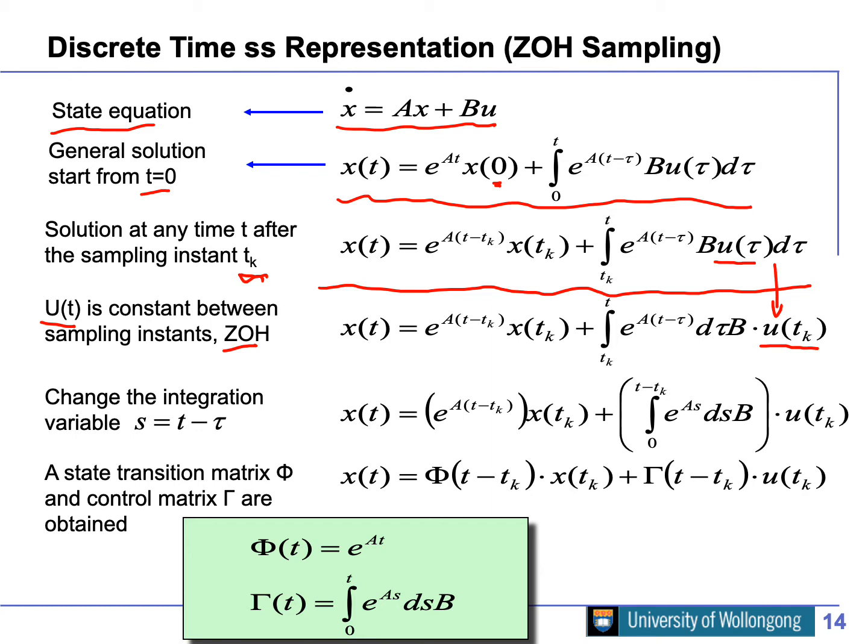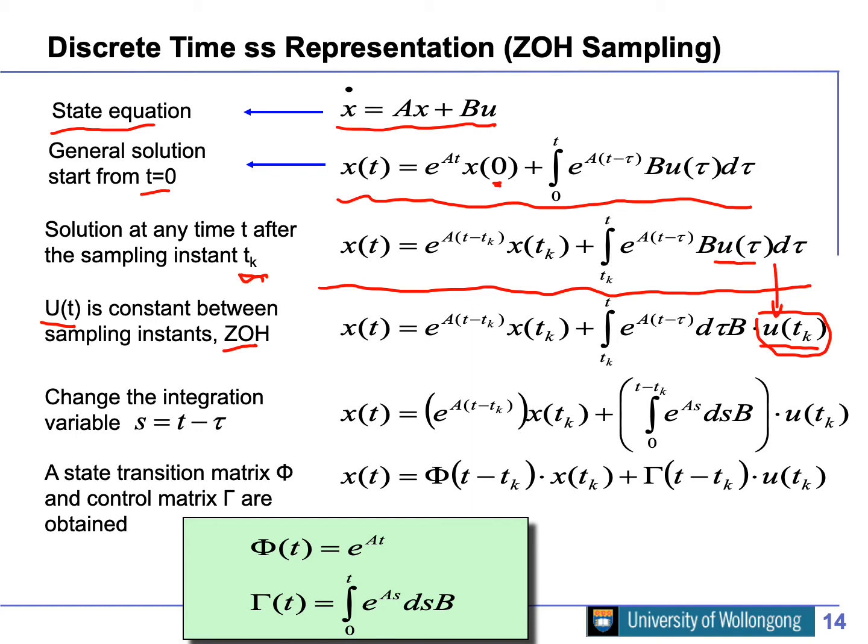You consider we're between this sampling time and the next sampling time. So in that case, u becomes a constant. It doesn't rely on tau anymore. So when we do the integration, we can take this outside. We don't have to worry about it in the integration anymore.